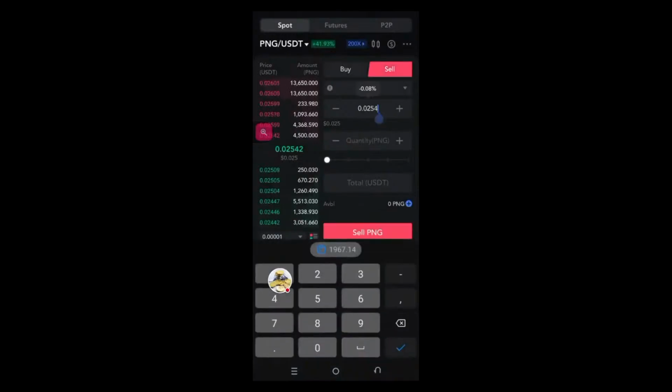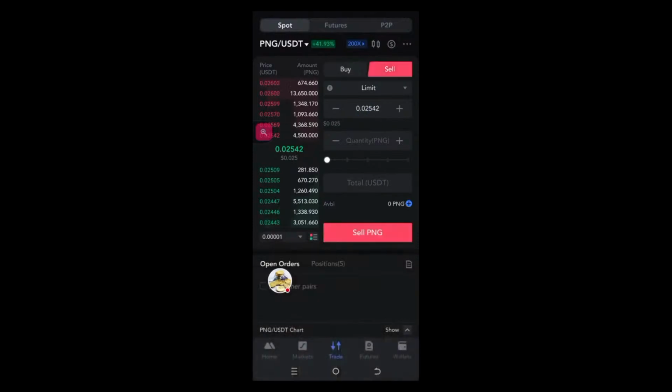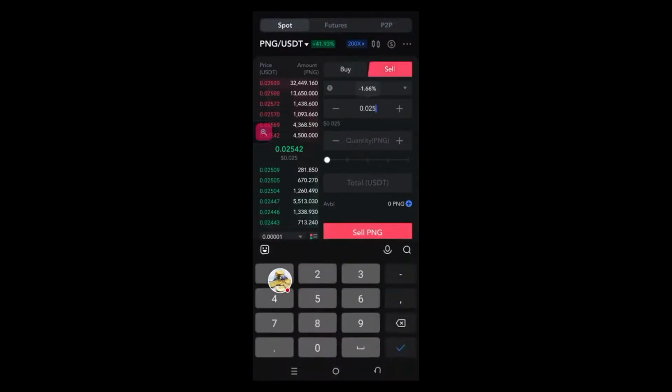Let's put 27 there. Let's see whether I will get there. And then okay, $53. Oh, that's interesting. Let's put 26. Let's see whether that will work for us, and then we'll go with it.